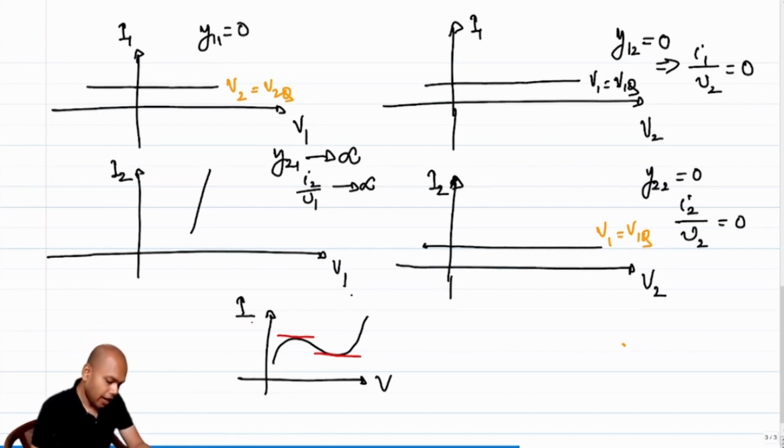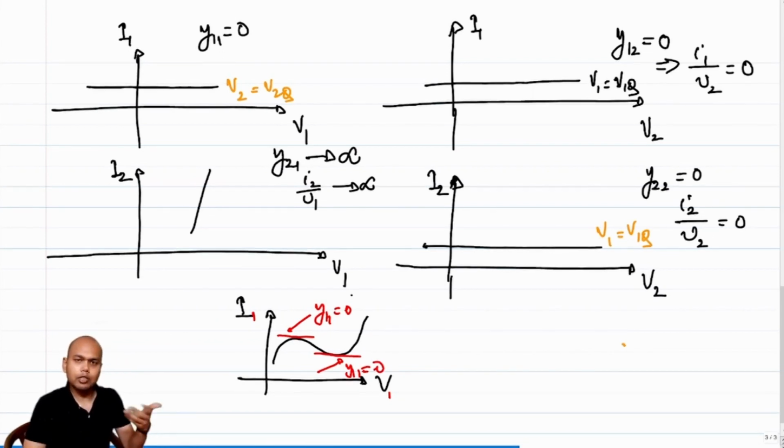Had this been I1 and had this been V1, then I could have as well said that at these 2 points y11 is equal to 0, right? This could as well have been another I1 V1 characteristics.